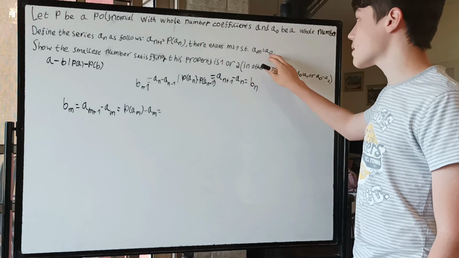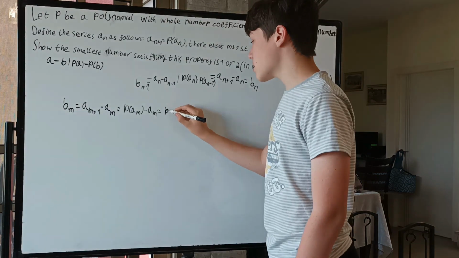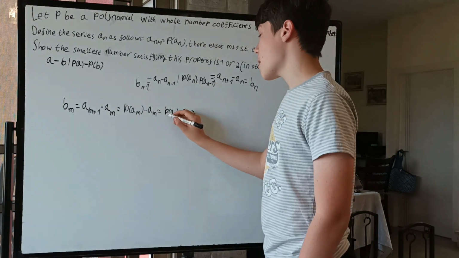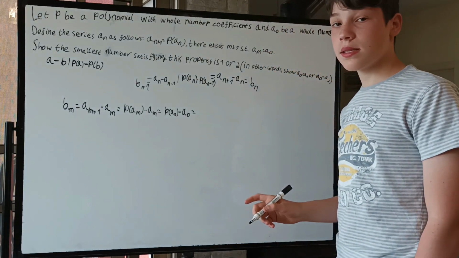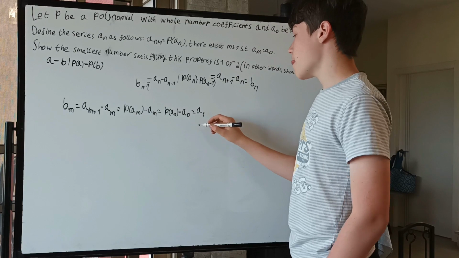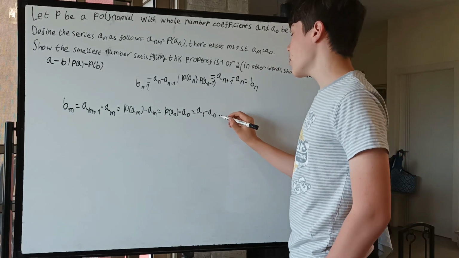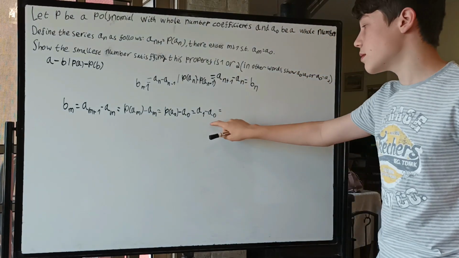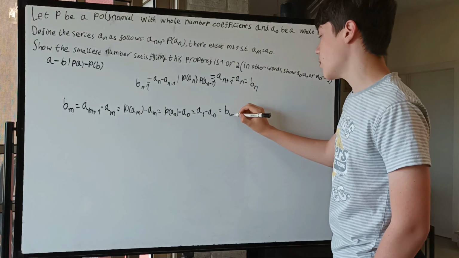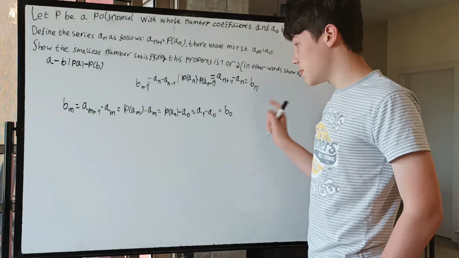But notice, am is exactly equal to a0, so this is p of a0 minus a0. But p of a0 is exactly a1, so this is a1 minus a0. But by how we defined the series b, this is precisely b0. So bm is equal to b0.